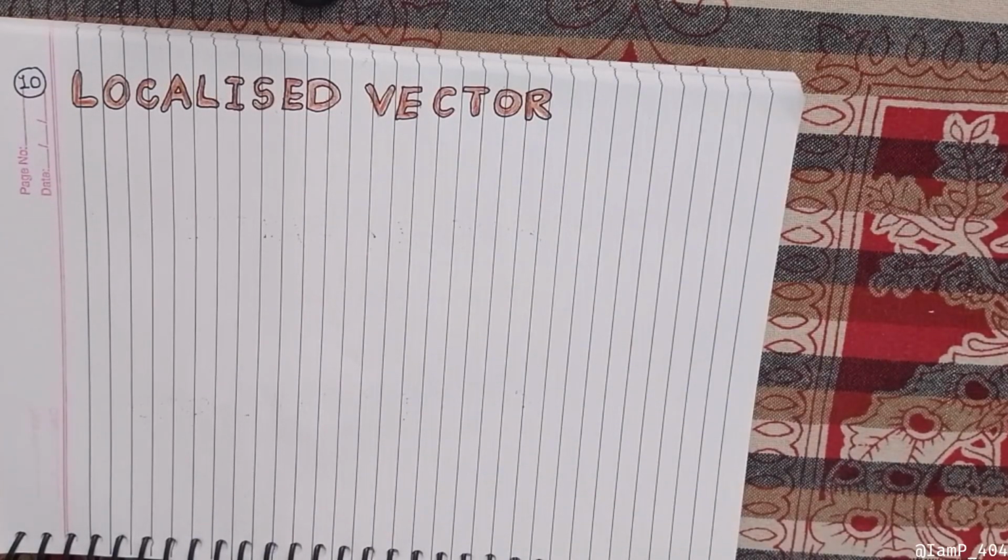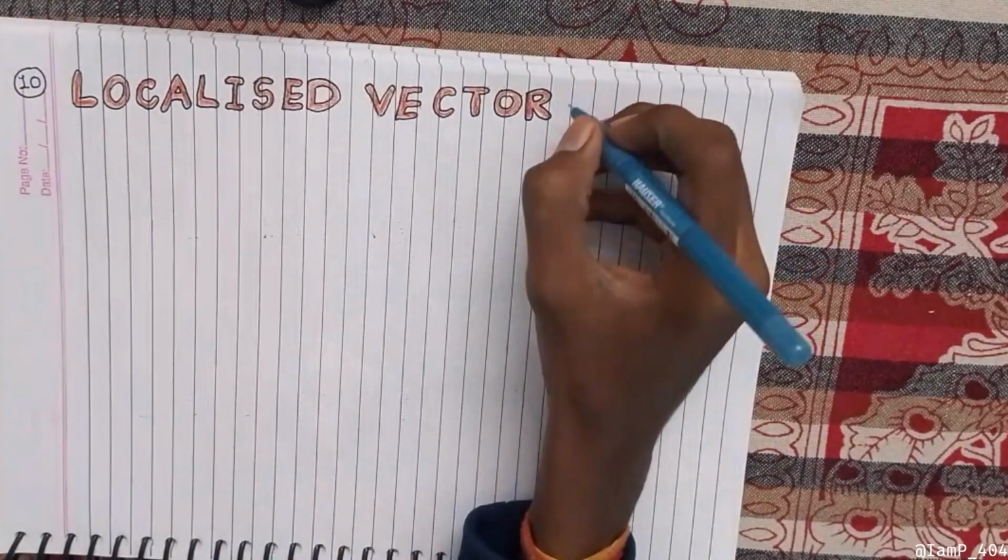A vector which is drawn parallel to a given vector through a specific point in space is called a localized vector. Very easy definition.